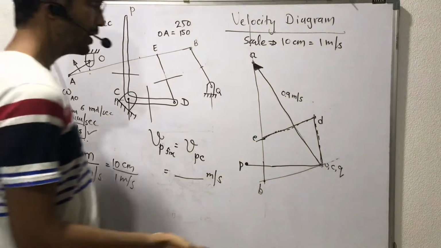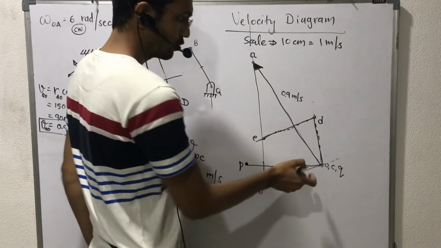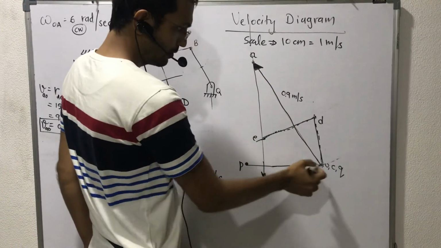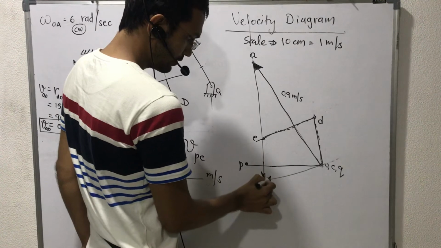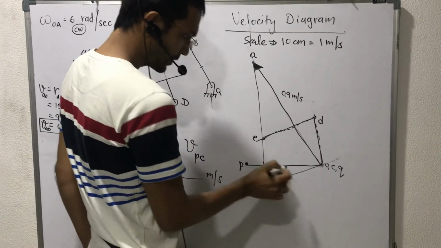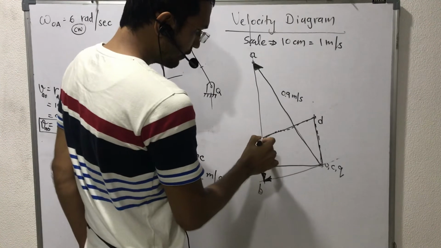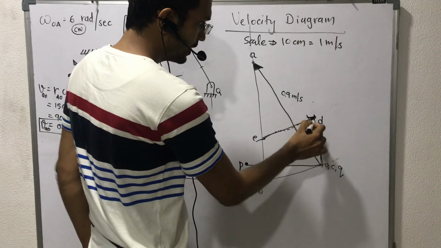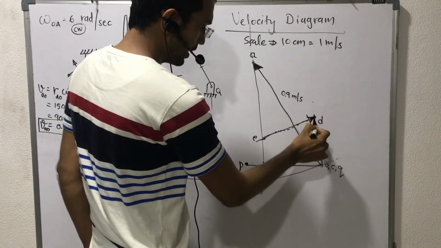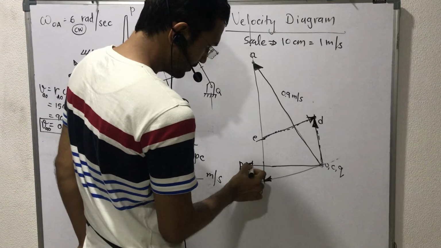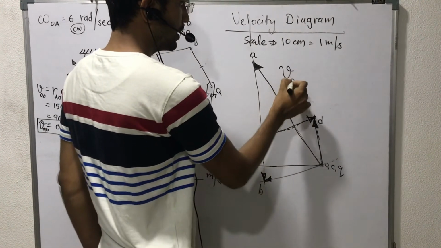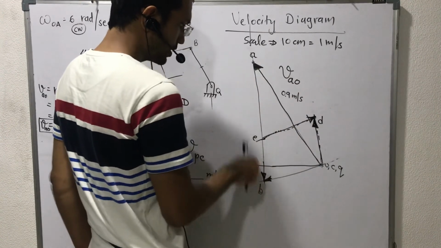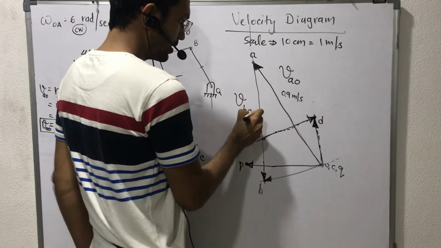Before that, let me explain the arrowheads. We started from O to A, then A to B, then Q to B, and the intersection will be point B. Ultimately we find point E, then E to D, and C to D, and ultimately C to P. The velocity symbol you can write is VAO, because the arrowhead is at A. Likewise AB, the arrow is towards the B side, so velocity BA.